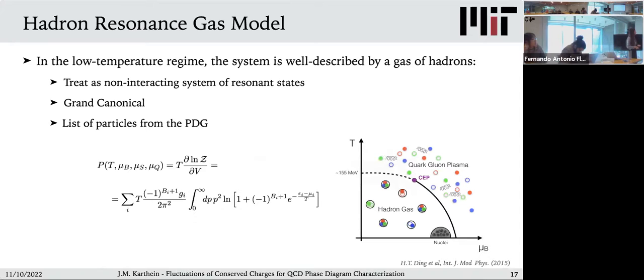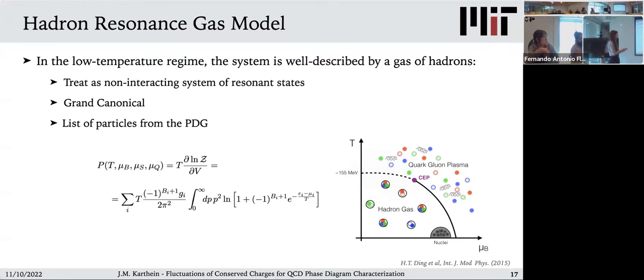Okay, so let's jump right in. The Hadron Resonance Gas model can be described basically in this way. It's given by the pressure, which we can take as the derivative of the log of the partition function. It's a nice simple model that in principle has no free parameters, except for how many states you want to include in your gas, right?